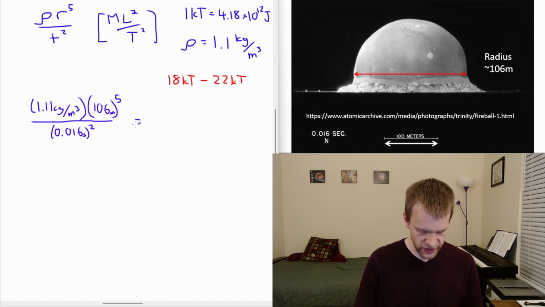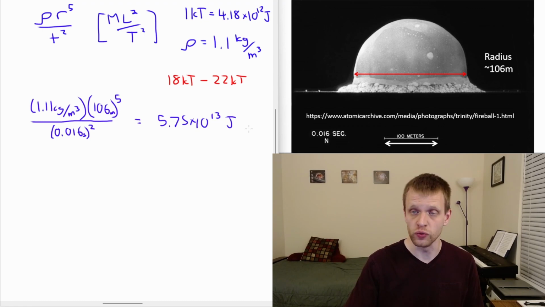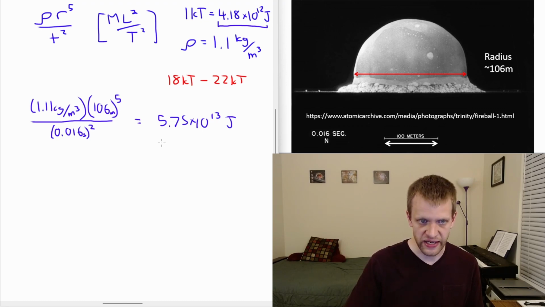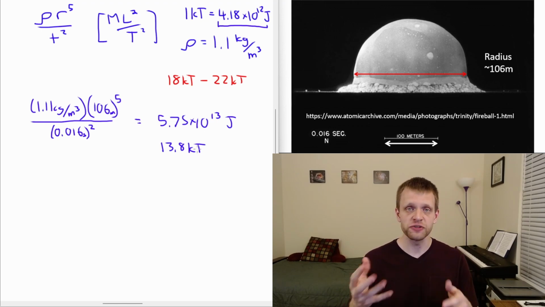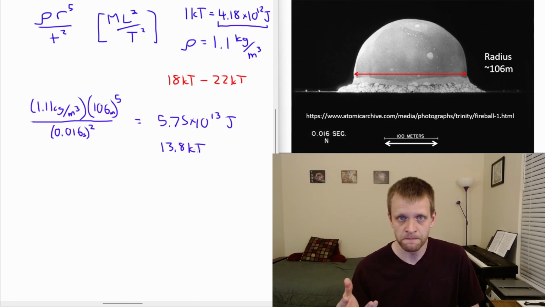If I run through that calculation, 1.1 times 106 to the power of 5, divided by 0.016 squared, I get 5.75 times 10 to the 13, and that would be in joules of energy. If I then divide that by how many joules are in 1 kiloton, 4.18 times 10 to the 12, I got 13.8 kilotons for the estimated energy output based on this image.